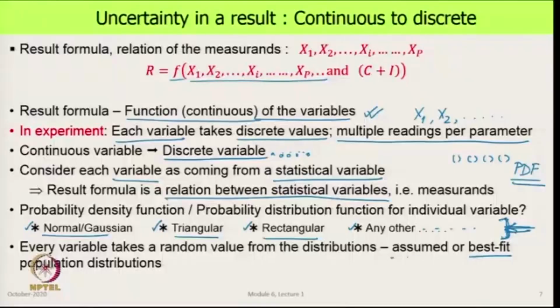And that assumed distribution helps us in getting what we want, which is the standard uncertainty in whatever we are measuring or in the result. So, this is a big change, that we start looking at the result formula not as a continuous formula of continuous variables, but of discrete values.